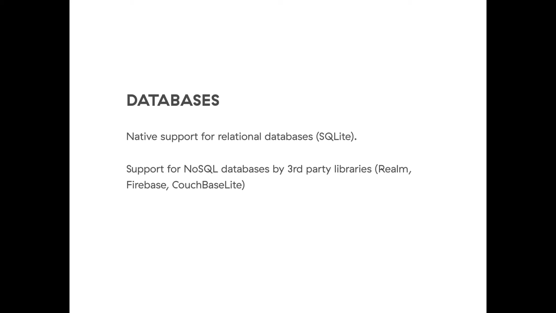So the last thing are databases. Android has native support for SQL relational databases. It's called SQLite. But you can also use NoSQL libraries from third-party providers like Realm, Firebase, Couchbase Lite, and so on and so on. And I also want to stop here because I want to say something about Realm.